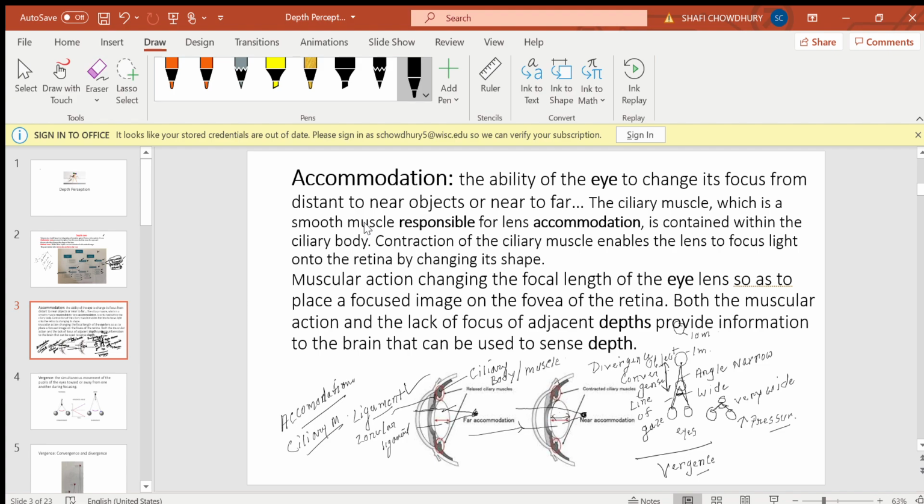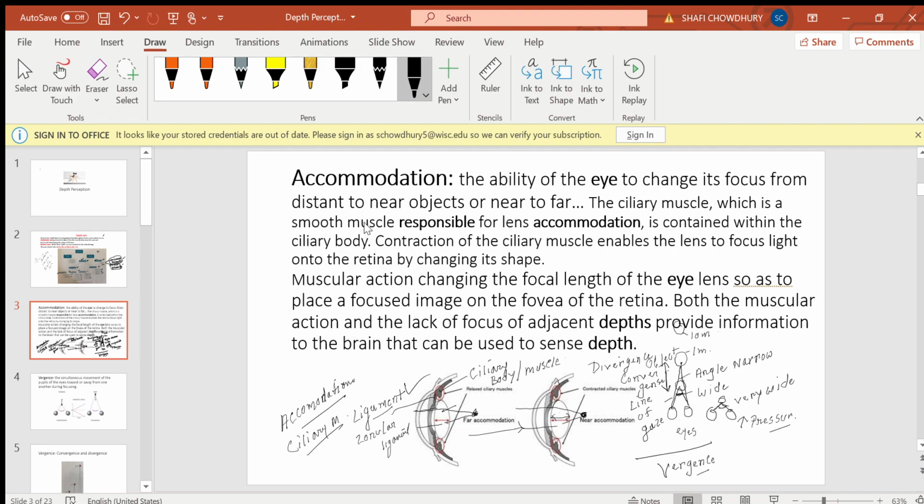When you bring it closer, the lens gets more round, right? Due to the contraction of the ciliary muscle. As you take it away, the lens gets less round. Okay, and those changes occur due to accommodation.